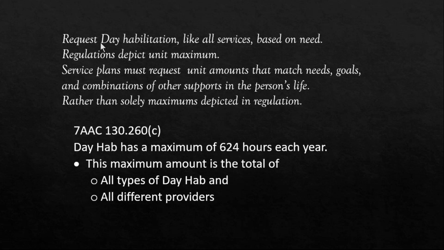Okay. When there's a weekly average depicted, for example, in our support plan, we ask for day habilitation in a weekly average, right? A minimum weekly average. So 624 comes out to 12 hours a week if you just divide it throughout the year. That does not mean that a person has to have 12 hours a week of day hab.